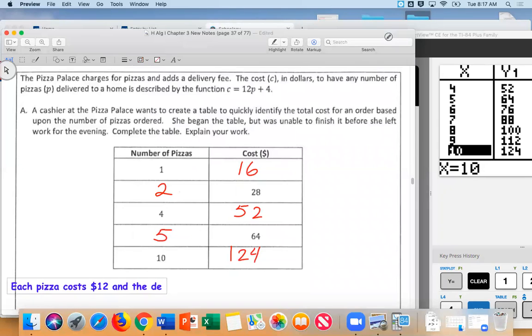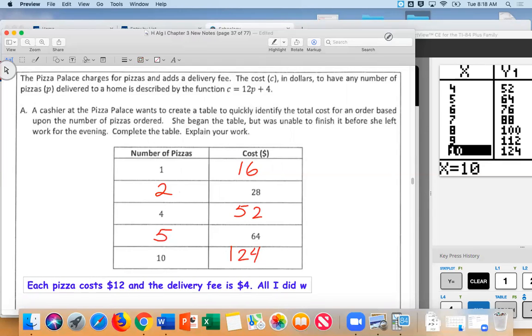And the delivery fee is $4. That's pretty much all your work, right? So what did we do? All I did was refer to my table in the calculator.